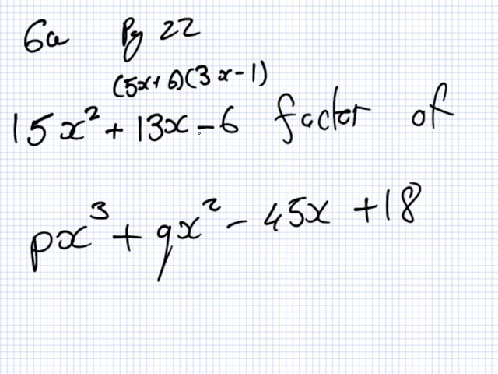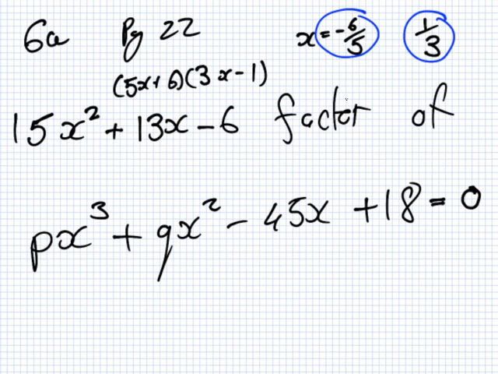Yeah? So that means if I use x equals minus 6 over 5, or 1 over 3, what should I get here? I should get 0. Because it's a factor, it means it has no remainder. So I'll put this in, and I'll put this in here, and in here as well.